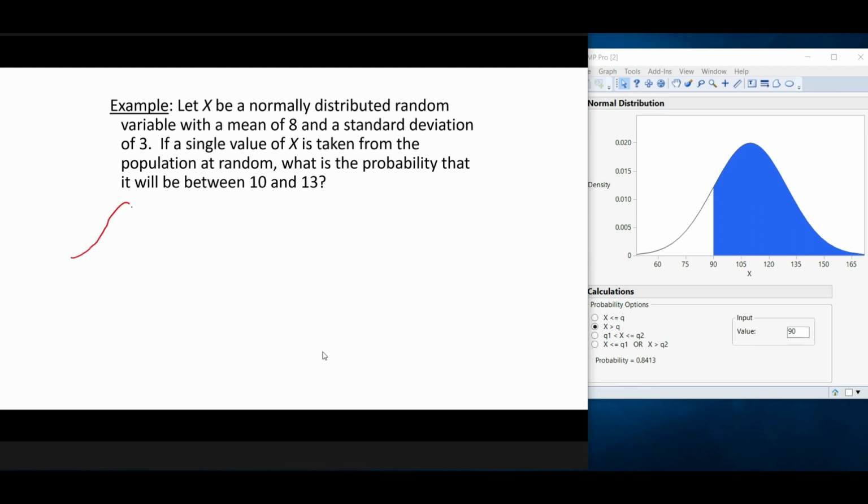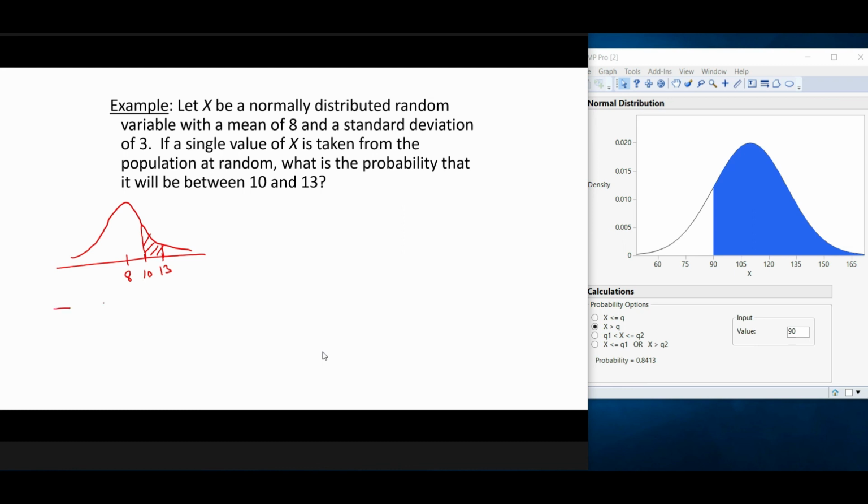I'm going to draw my general normal distribution centered at 8, that's its mean, and it has a standard deviation of 3. And I want to know how much area is between 10 and 13. That's the area I want to figure out.